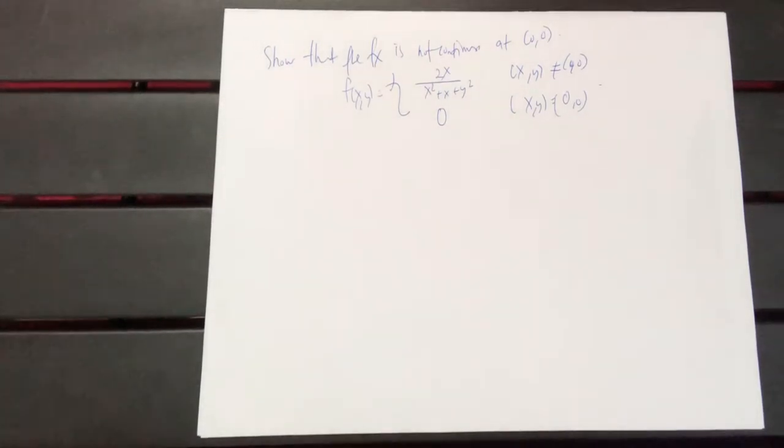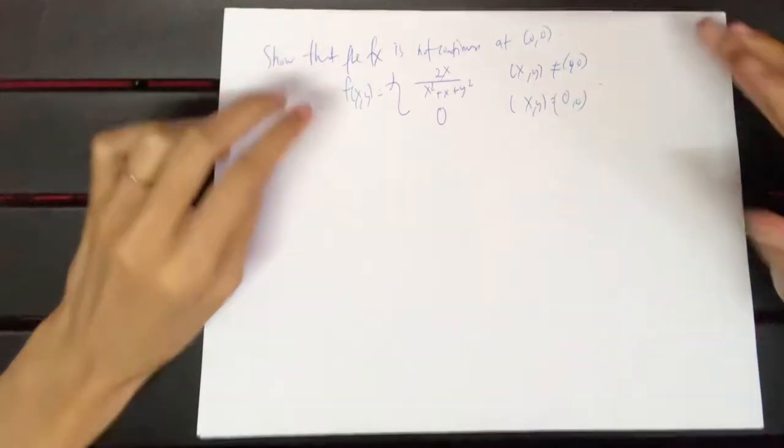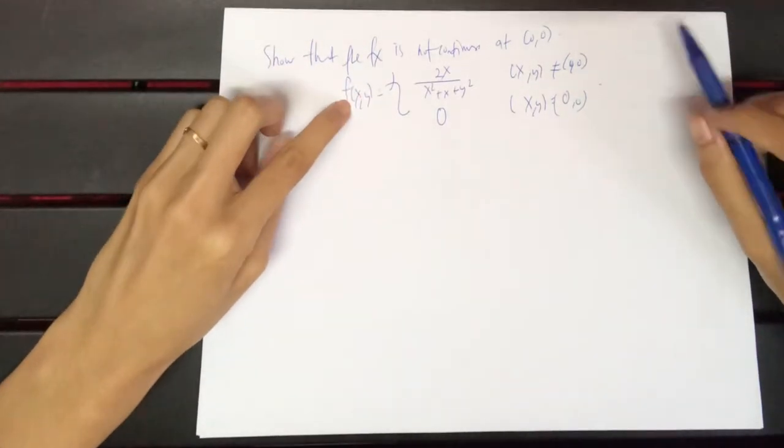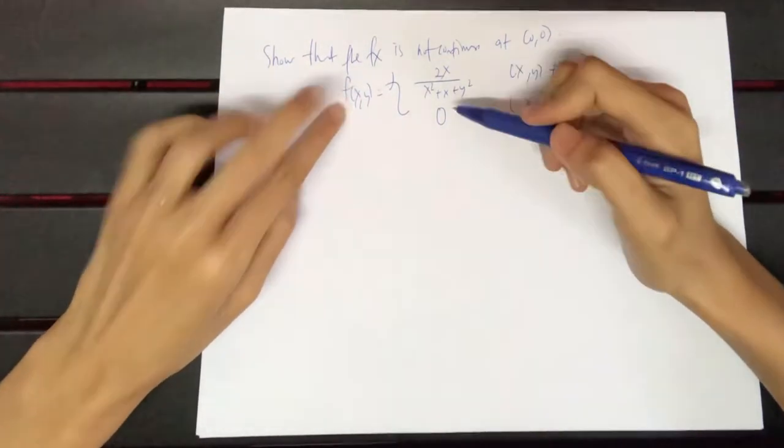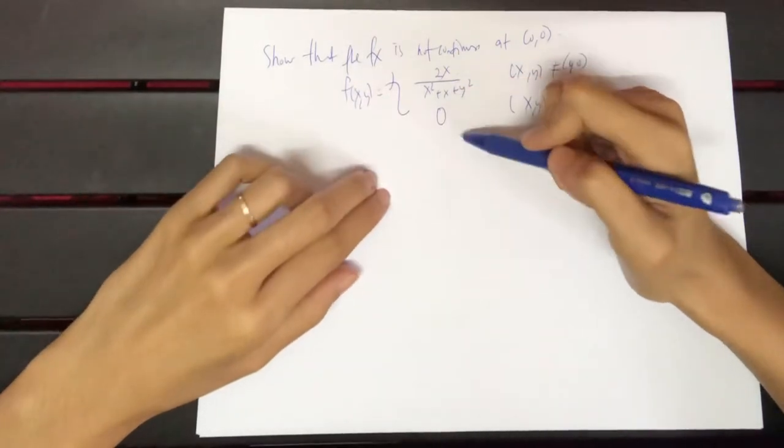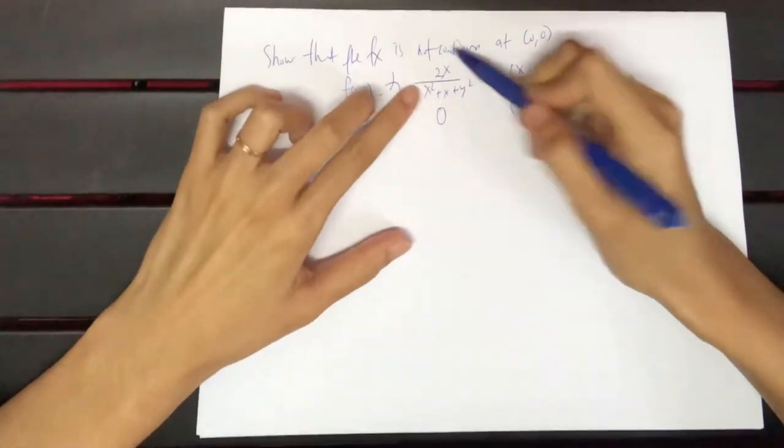Confused? Okay, I'll explain slowly. Your f(x, y) is these two functions. Maksudnya, function f(x, y) ada dua, satu yang ini, satu yang ini. When do we use the first one?